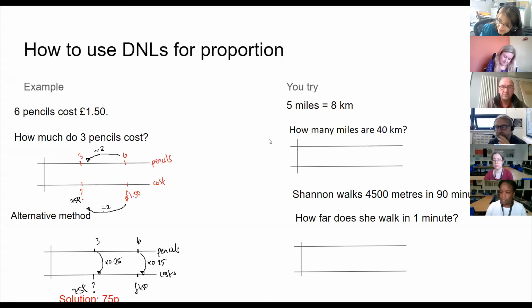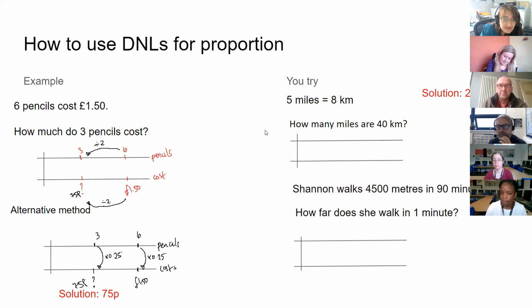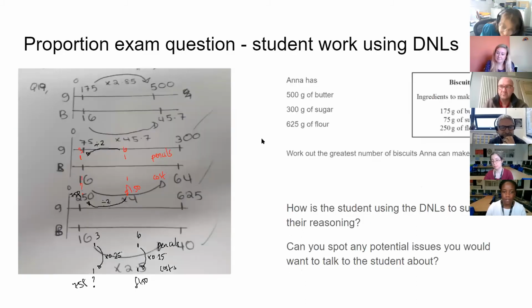Okay, and here are your solutions. You should have got to 25 miles for the first one and 50 meters for the second one. Over to you, Byron.